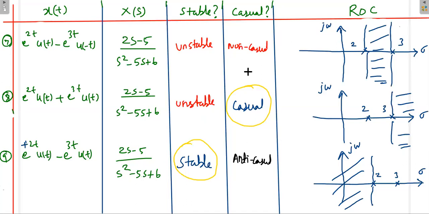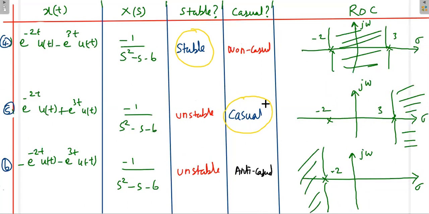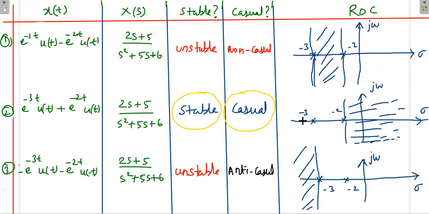The maximum pole here is 3, and again it is going towards the right. Again here also in -2 and 3, the maximum pole is 3, and the ROC is going towards the right. And again here also, among -3 and -2, -2 is larger, and the ROC is also going towards the right.